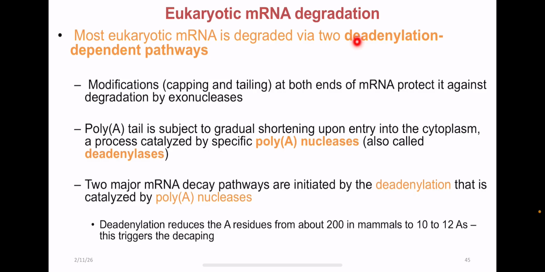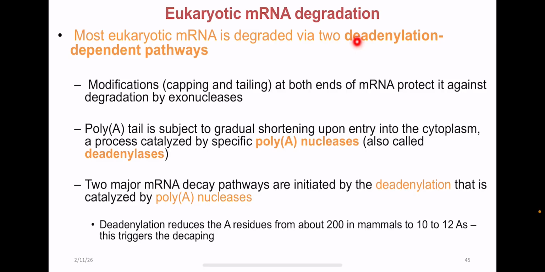So let's see mRNA degradation in eukaryotes as well. For eukaryotes, there are numerous ways our mRNAs can be degraded, but most of our mRNAs undergo degradation by one of 2 ways, and these are deadenylation dependent. Deadenylation means the poly A tails have to be removed before the degradation will occur.